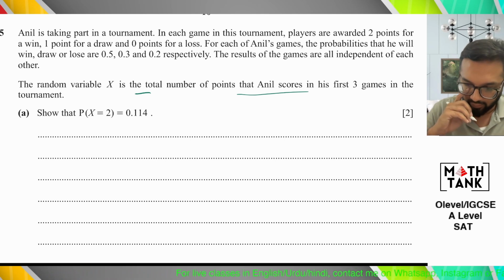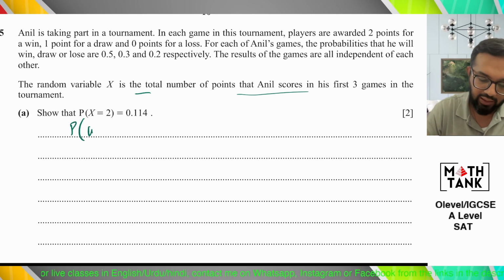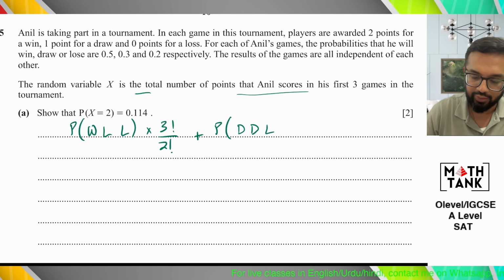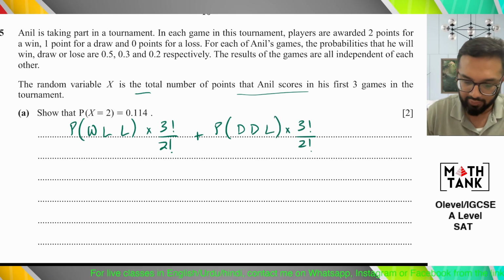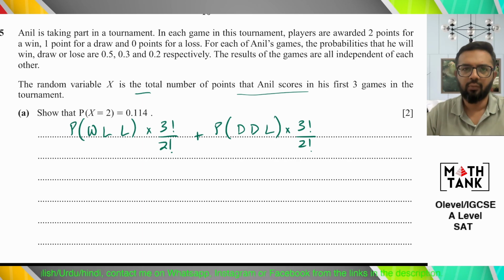Okay, so it would happen that I win one and lose 2, and it could happen in any order, so 3 factorial divided by 2 factorial. And it could also happen that I draw two and lose the third one. That could also happen in any order. Is there any other way of scoring 2? I don't think so. Yeah.